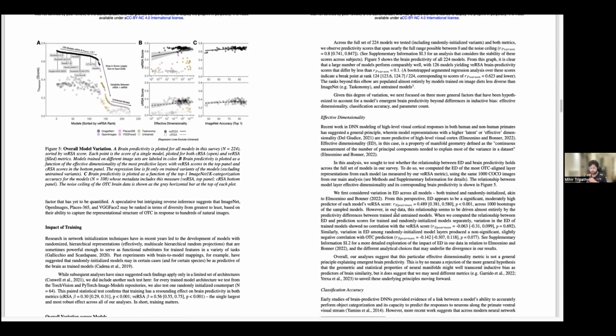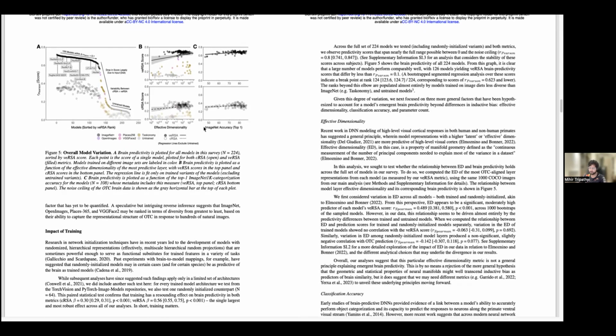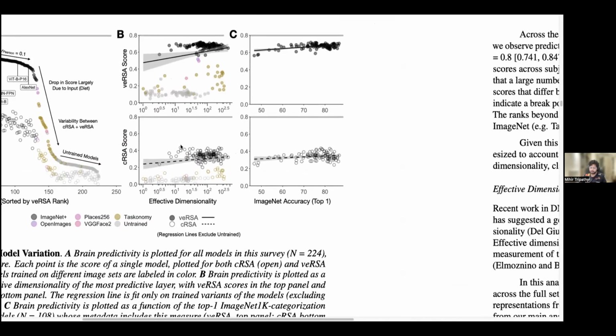Among the trained models, there was no real correlation, and among untrained models, which don't have higher scores anyway, there was actually a slight negative correlation, but it's not statistically significant. Although it does seem that more complex embeddings lead to a higher score, as shown in these graphs, it's not because they're more complex.